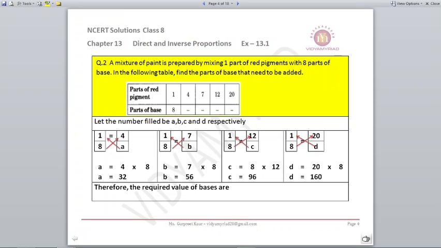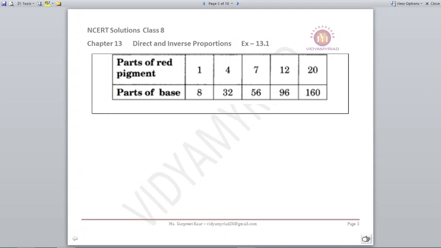And lastly, 1 upon 8 is equal to 20 upon d, and d comes out to be 160. So all the required values of base can be written in the blanks, and we will see that they are all in direct proportion, which means if I reduce them to the lowest term, all will come as 1 upon 8.